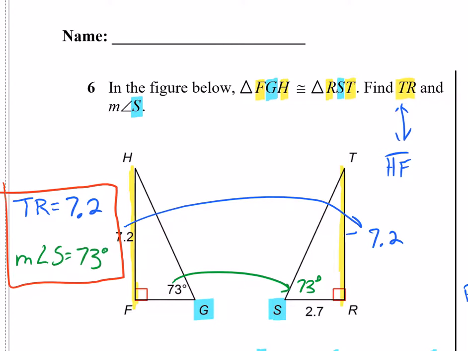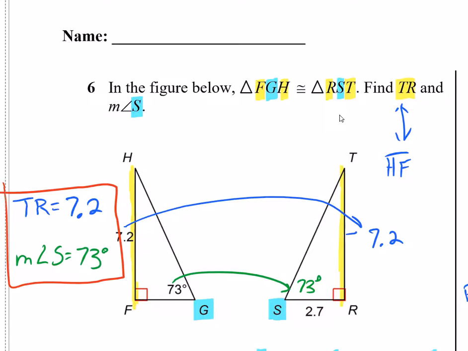Alright, so for number 6, in the figure below, triangle FGH is congruent to triangle RST. Find TR and the measure of angle S. So again, TR is the third and the first letter. So it matches with the third and first letter, which is HF.